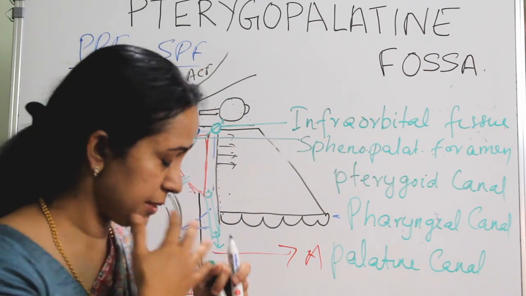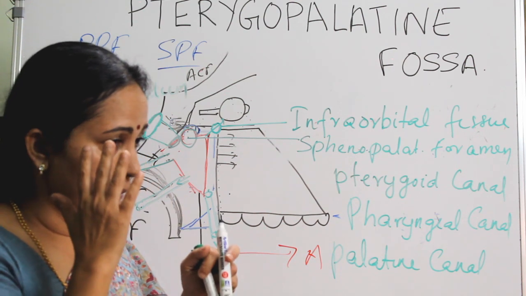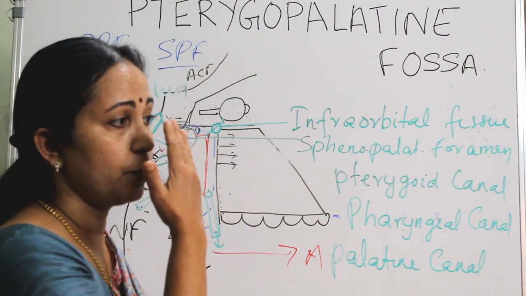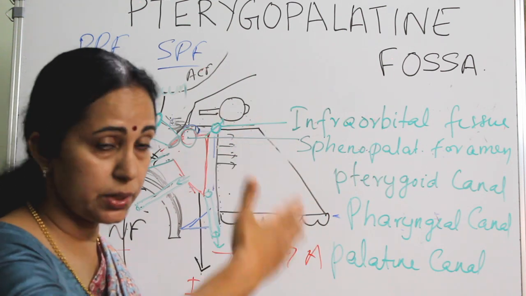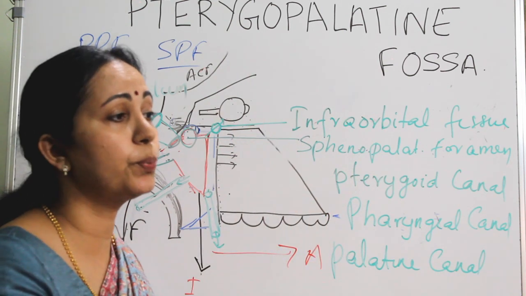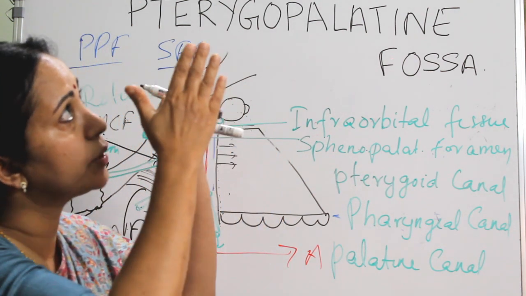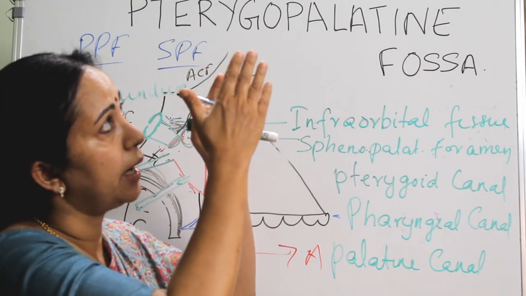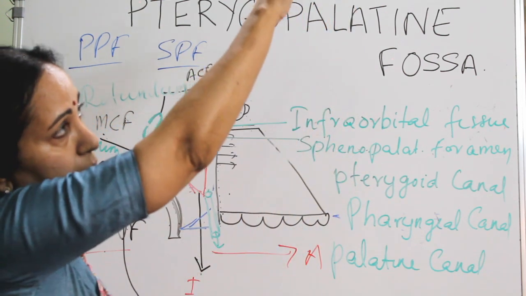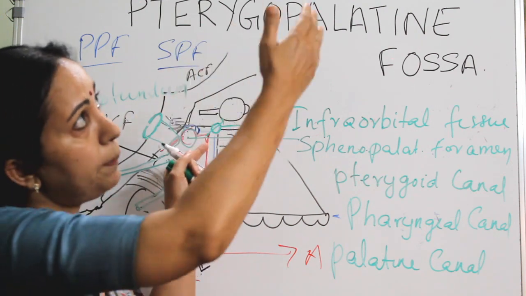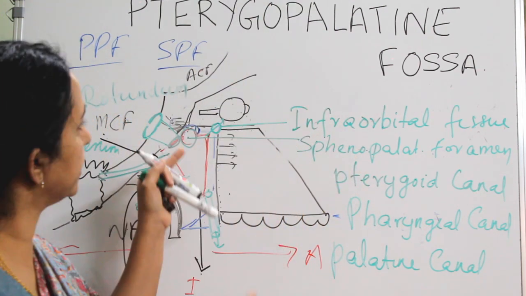I will explain one more. Think that I am standing inside the right pterygopalatine fossa. Boundaries: in front comes the posterior wall of maxilla, the supromedial part of the posterior wall of maxilla. If I look upwards, I can see the orbit. If I put my hands through the medial part of infraorbital fissure, I will reach the orbit.